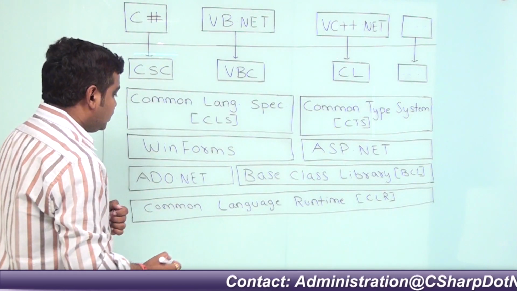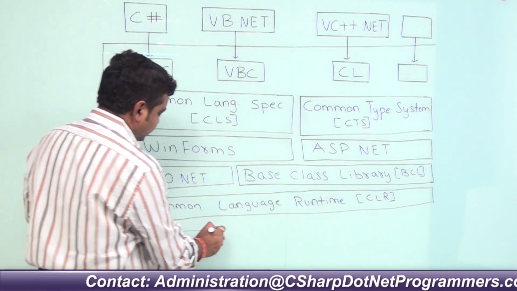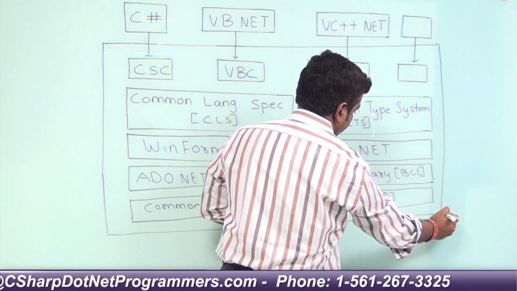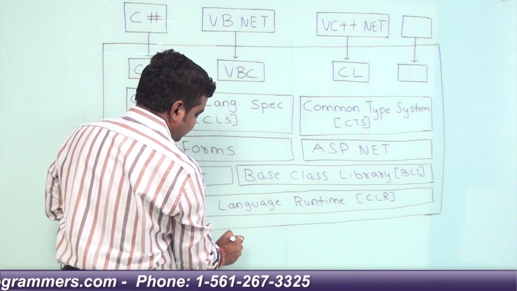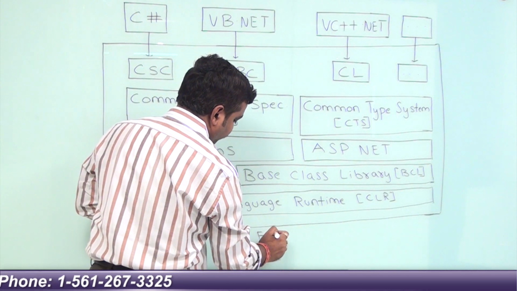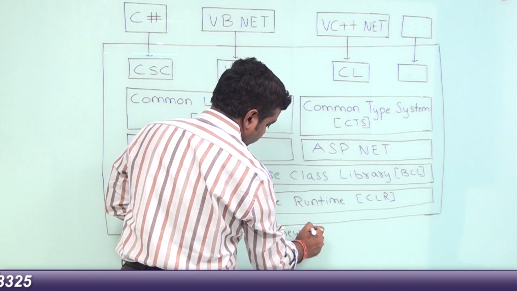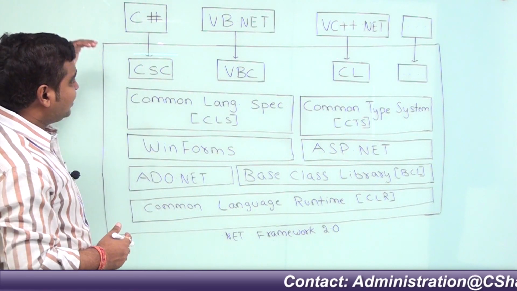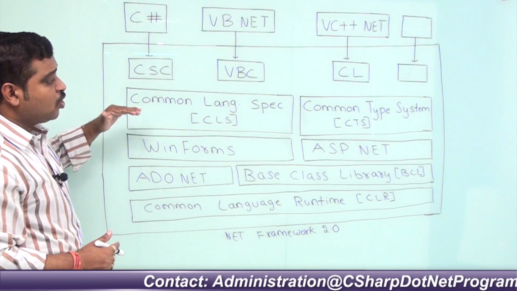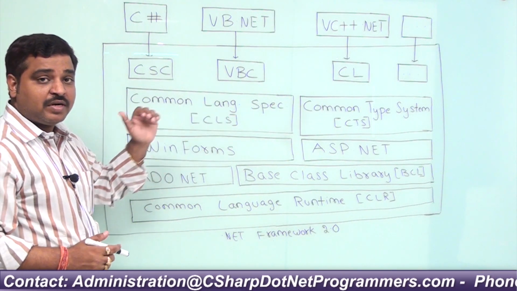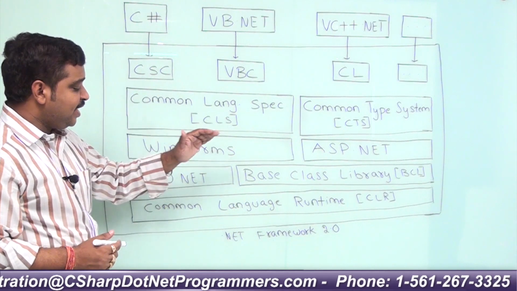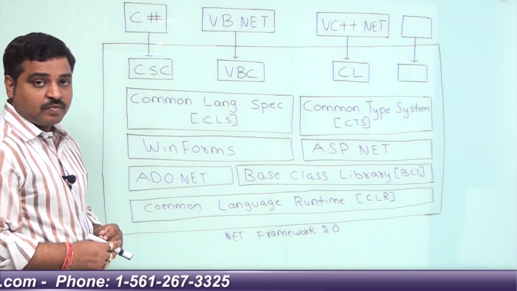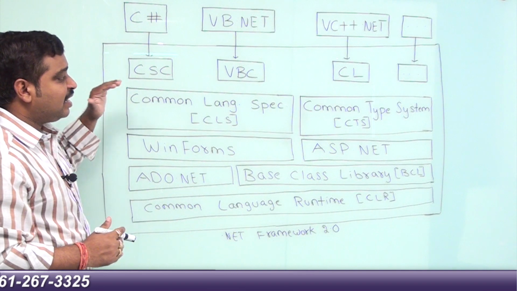The collection of all this can be considered as .NET Framework 2.0. My framework consists of languages, compilers, common language specification, common type systems, WinForms, ASP.NET, ADO.NET, base class library, and CLR. Now let's try to go in detail for understanding this.